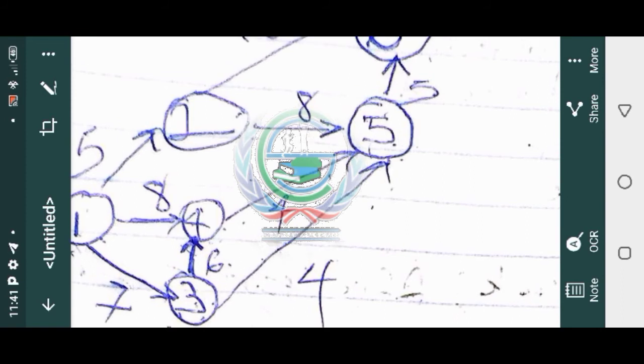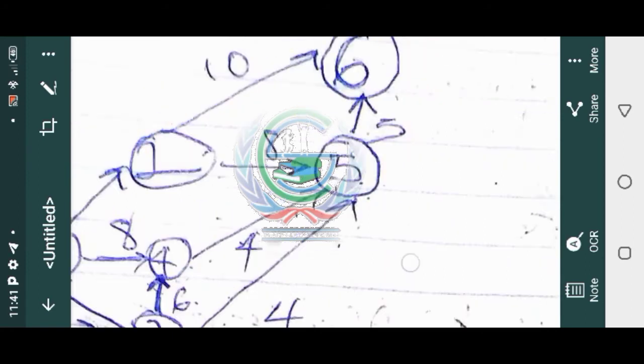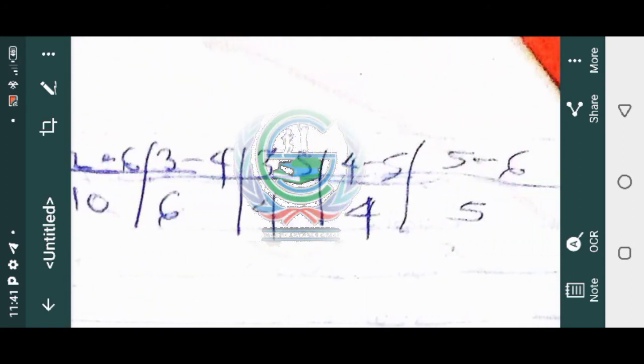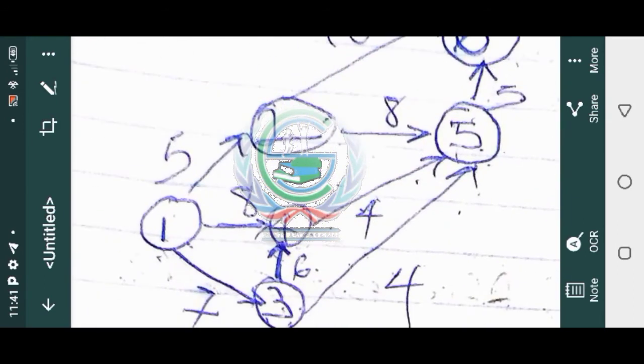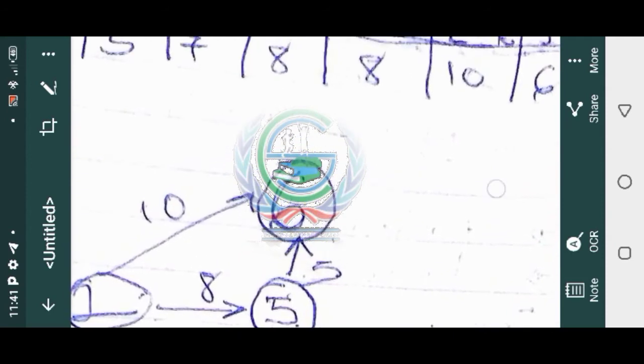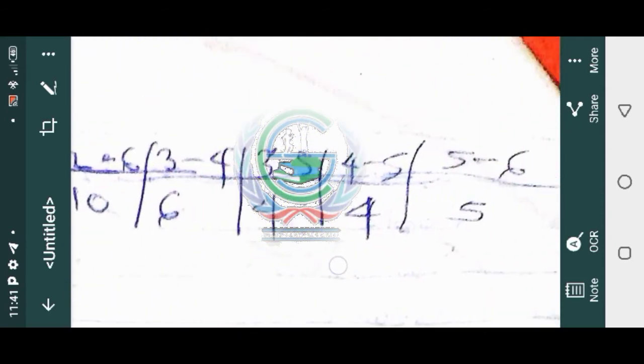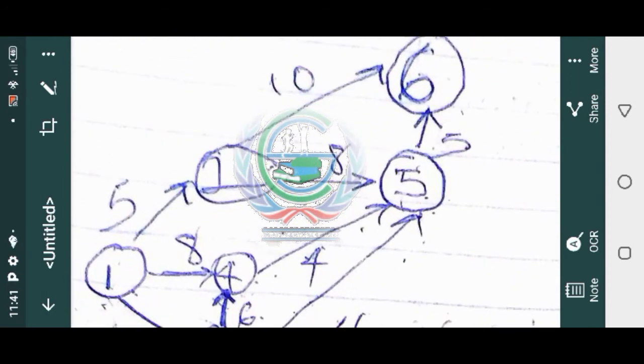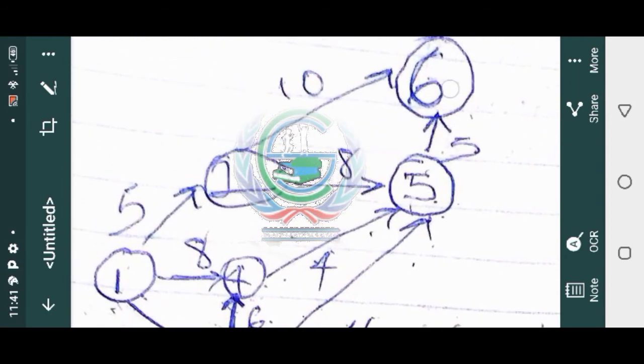That means 2 things are also running concurrently under our 3. Now we went up, and we have 4 to 5. This is our 4, this is our 5. Do you see that now? Then the last one, we have 5 to 6. Do you see now?